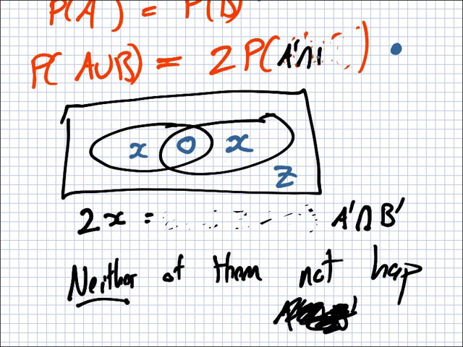Let's just see what happens. So what's not... oh no, but this is what I had a minute ago, isn't it? So not A is X Z union not B intersect. So it's just Z, is it? 2Z. So X equals Z. So is X equal to 1 over 3?